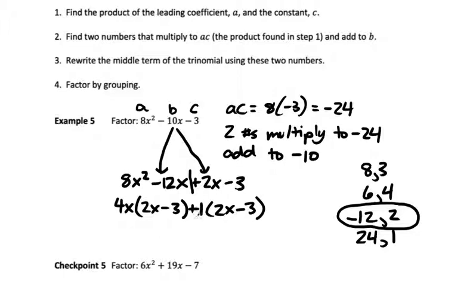If I distribute plus 1 into here, 1 times 2x is 2x, 1 times negative 3 is negative 3. So for my answer, I'm going to have one set of parentheses that's 2x minus 3, and the second set of parentheses is the leftovers, which is 4x plus 1. So that's my answer.